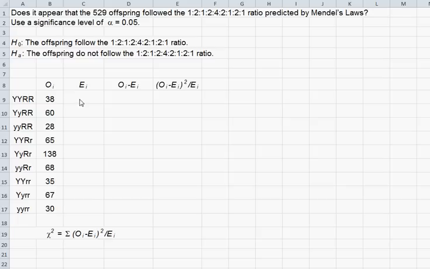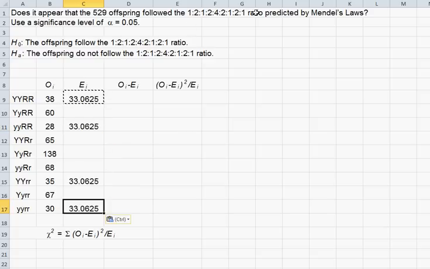So according to Mendel's laws, what would be expected here would be, well, there are 529 total offspring, and then 1/16th of them should have been in this genotype for a prediction of 33.0625. That same expected number would fall here, here, and here.